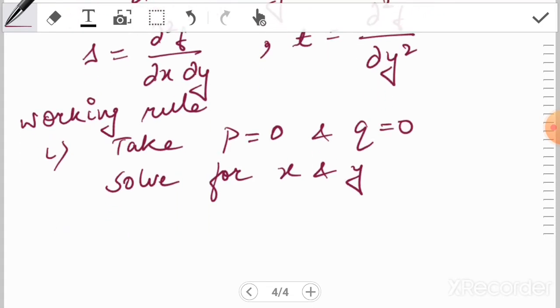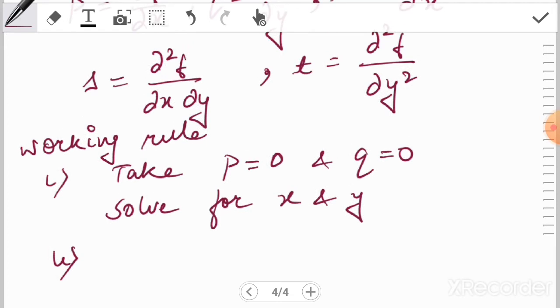Then second, let's say you got (x0, y0), (x1, y1), and so on.